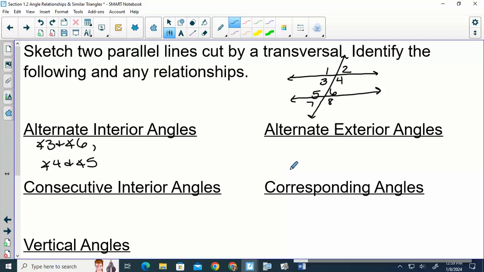Do you guys know what is true about the measurements of those angles? Oh, they are the same. Yeah, 3 and 4 would add up to 180 because they make a line, but since 3 and 6 are on opposite sides, they are actually the same, or congruent, equal measure.